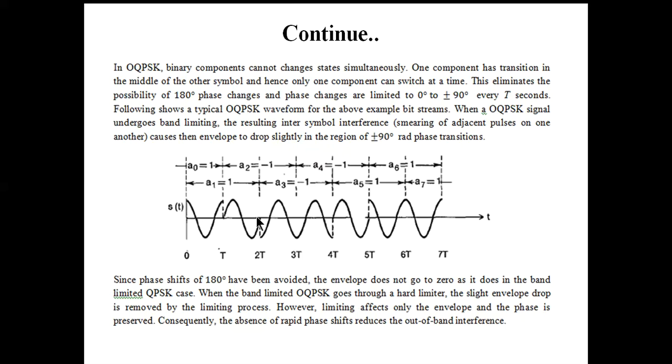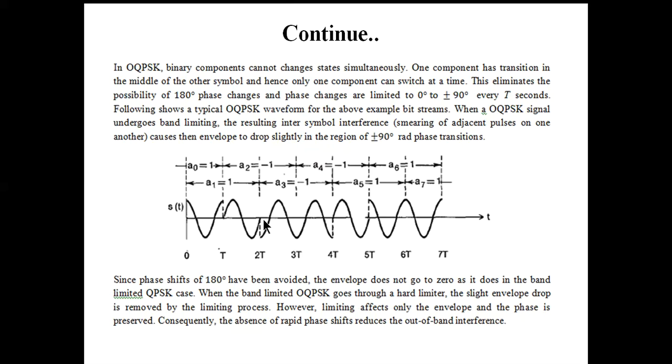Similarly in this scenario, if we consider 2T seconds, A2, from T to 3T time duration, A2 remains constant. However, A1, or the odd bit, has changed. So obviously there will be a phase shift.